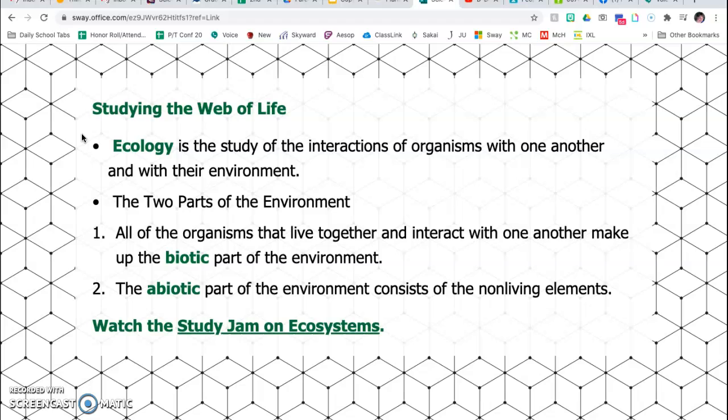So this whole web of life, we're going to start out with a few new words. Ecology is the study of the interactions of organisms with each other and with their environment. And there are 2 parts to an environment, biotic and abiotic.